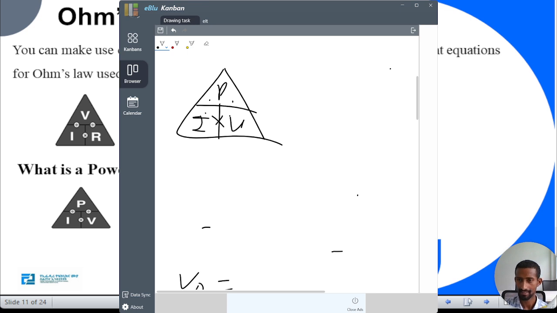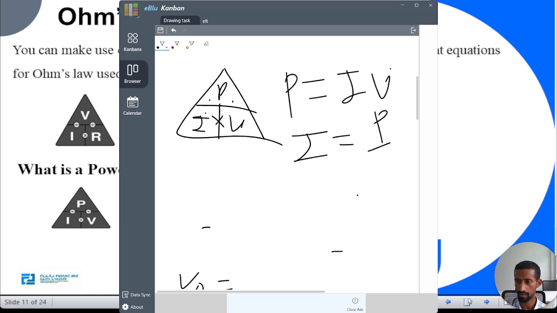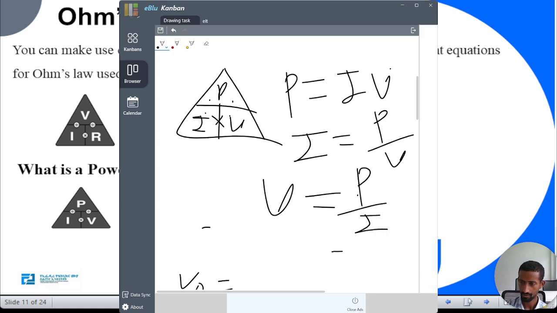So you can easily get the power P, which is equal to I times E. If you want to know the current and you have the known values, power and voltage, you can easily get current I, which means power P over V. And if the power and the current are known values, you can easily get V, which means P over I. So these two relations, the power triangle and the Ohm's law triangle, are used to easily memorize these relations.